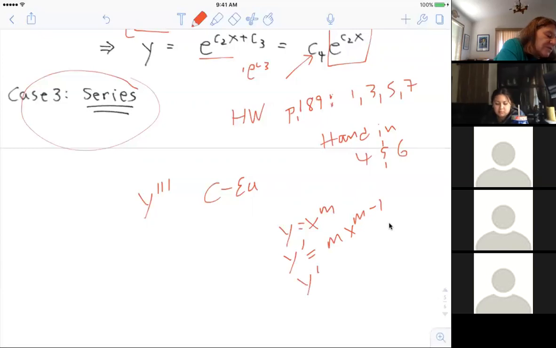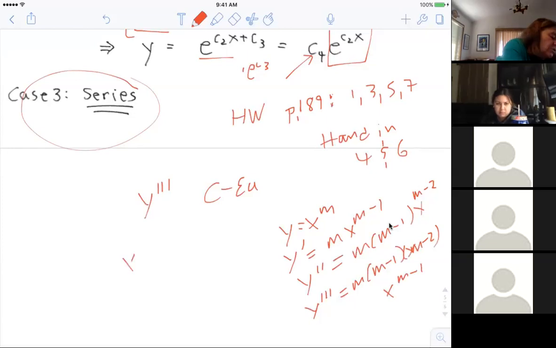The second derivative would be m times m minus 1 x to the m minus 2. And the third derivative has an m minus 1, an m minus 2, and an x to the m minus 3.